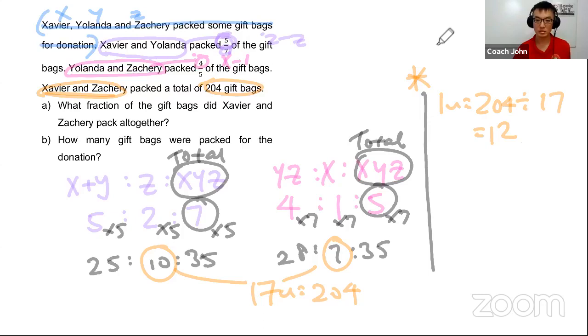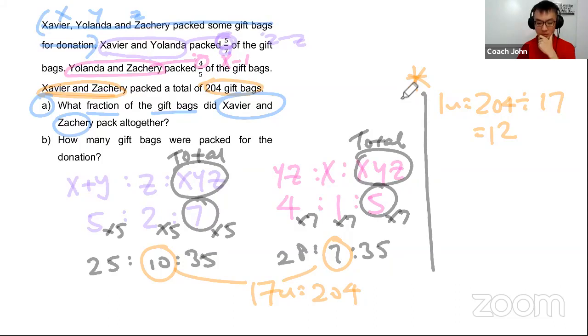Okay, let me just go back to part A and see whether I overshot. Yeah, sometimes I'm too engrossed, I overshoot. A, what fraction of the gift bags did Xavier and Zachary pack together? In this case, you can also tidy up.